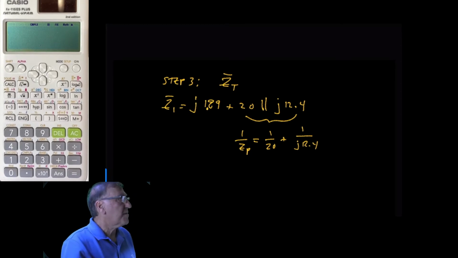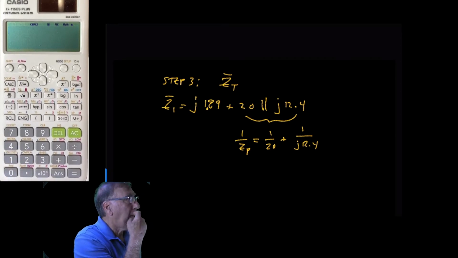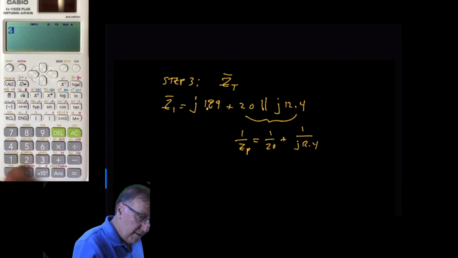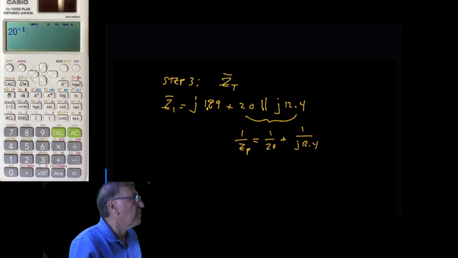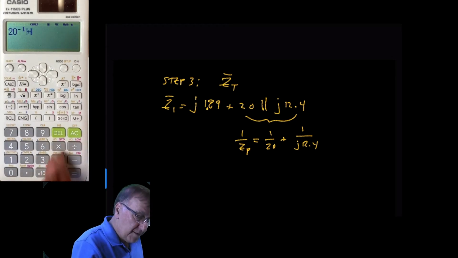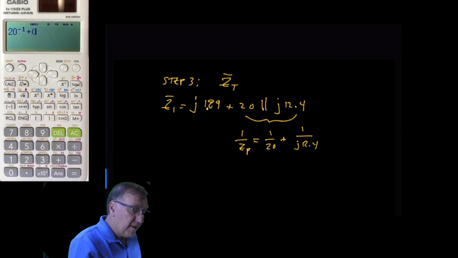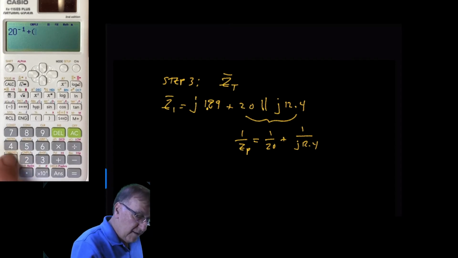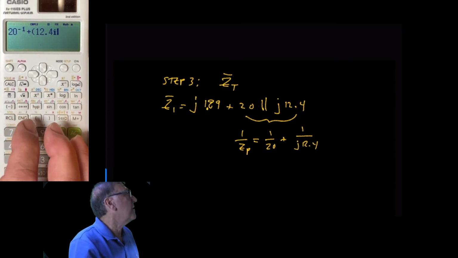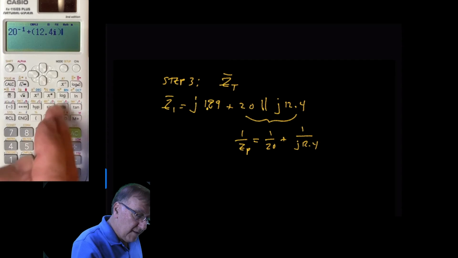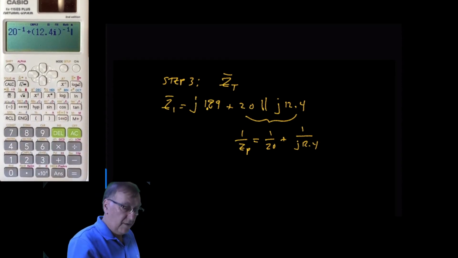The way we'll enter this is we'll put in a 20 and take the inversion of that because it's 1 over 20, and then plus, and here's where I use parentheses because we're working in the complex plane, and when we invert that, it might only invert part of it. So we have plus 12.4, and we have to hit the little i here, close parentheses, and then we'll invert that, and hit equals.